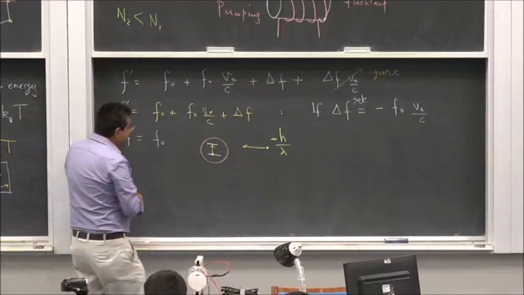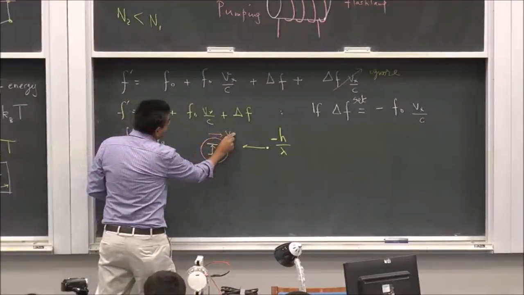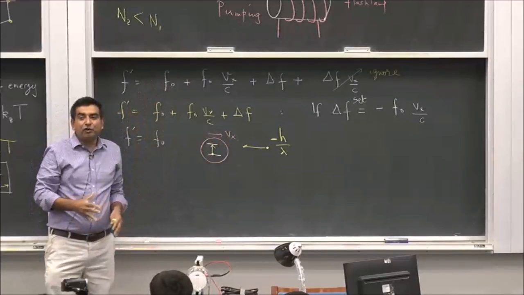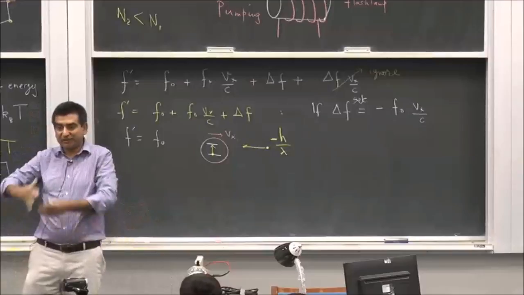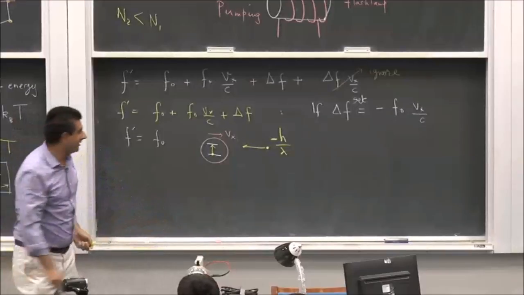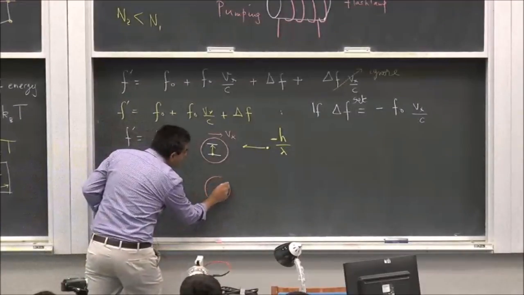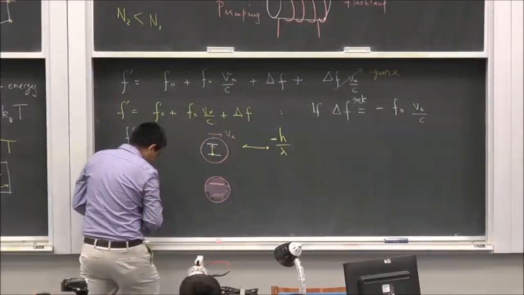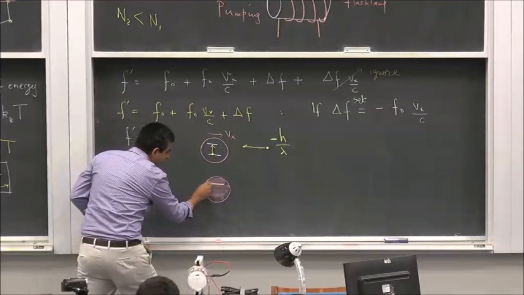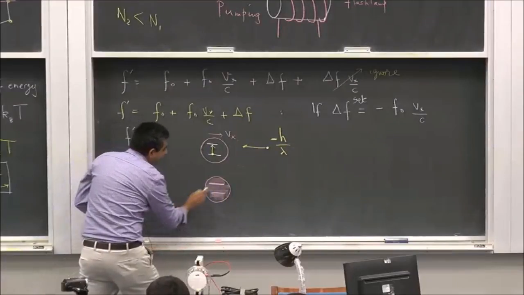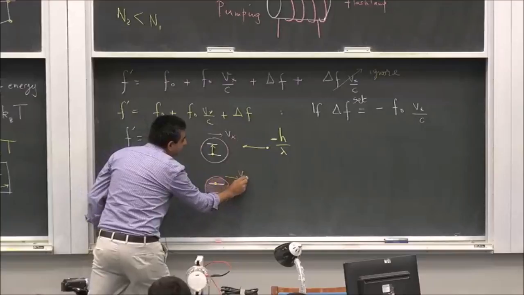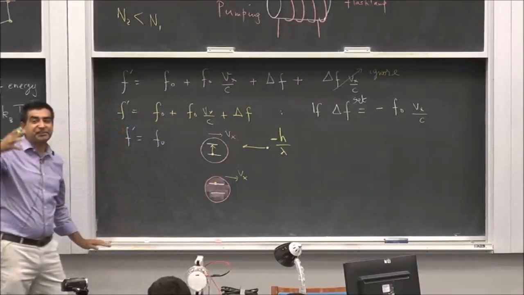This atom was moving towards the right with the speed Vx. When this photon is absorbed, the photon has disappeared because it's absorbed by the system. Now you have an atom in its excited state, which was moving with speed Vx.